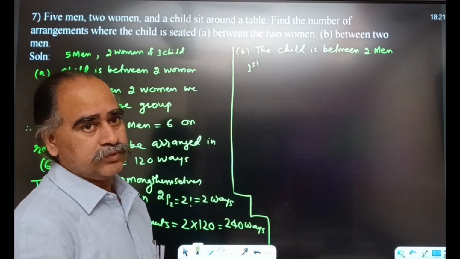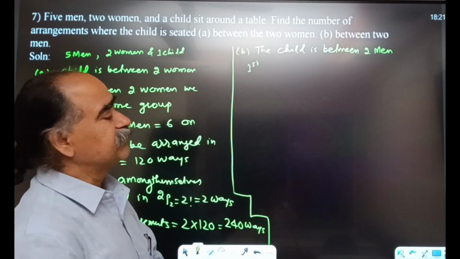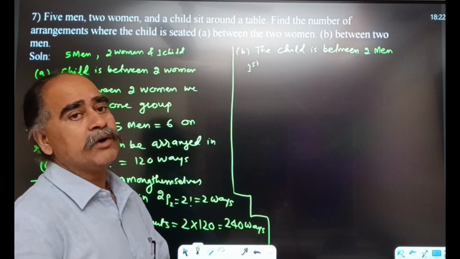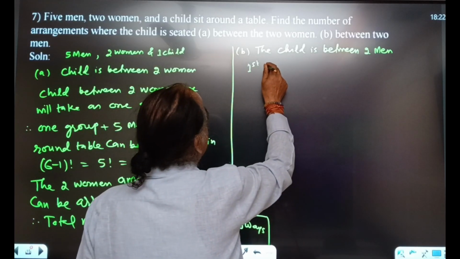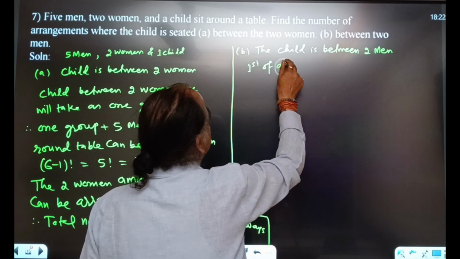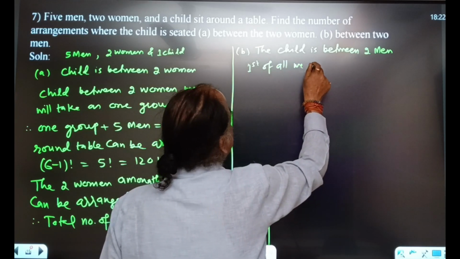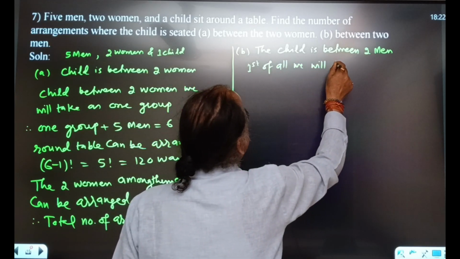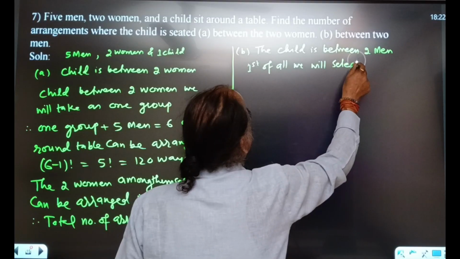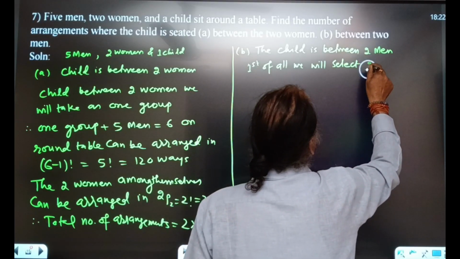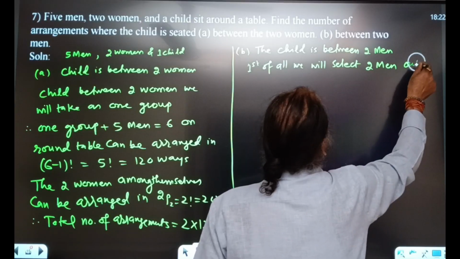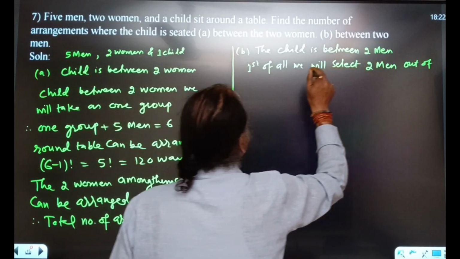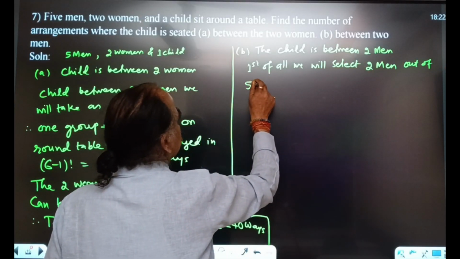They can be any two. So first we have to select two men out of 5 men. First of all, we will select two men out of 5 men.